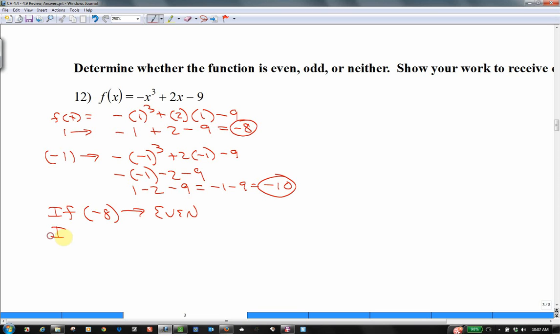If I would have gotten out a positive 8, then the number's the same but the sign changed, that would have made it an odd function. But I didn't get any of that out, so this one is a neither. It's not even or odd.